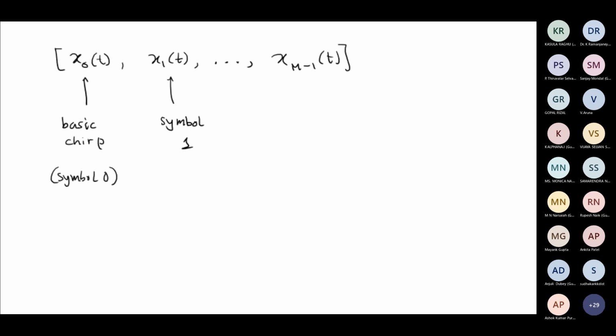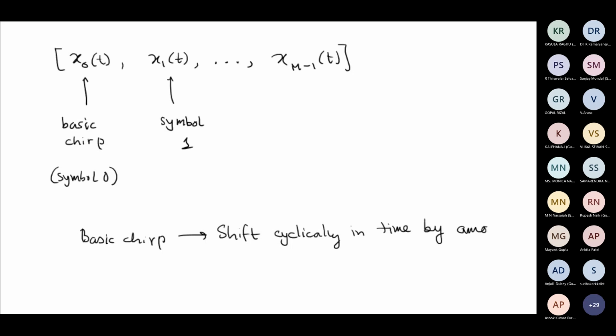So from here, how do we find x1(t) through x(M minus 1)(t)? The idea is to take the basic chirp, then we shift it cyclically in time by an amount m delta t, where delta t is equal to 1 by bandwidth.